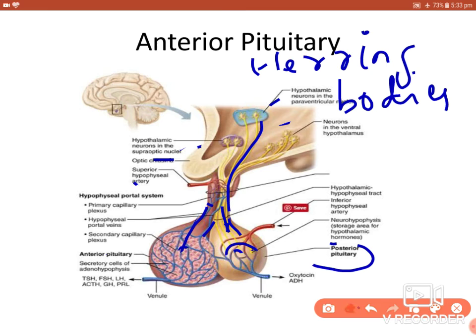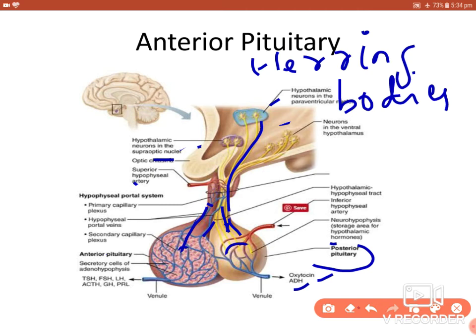So it consists of vasopressin and oxytocin. Vasopressin is from the supraoptic nuclei of the hypothalamus, and oxytocin is from the paraventricular nuclei.